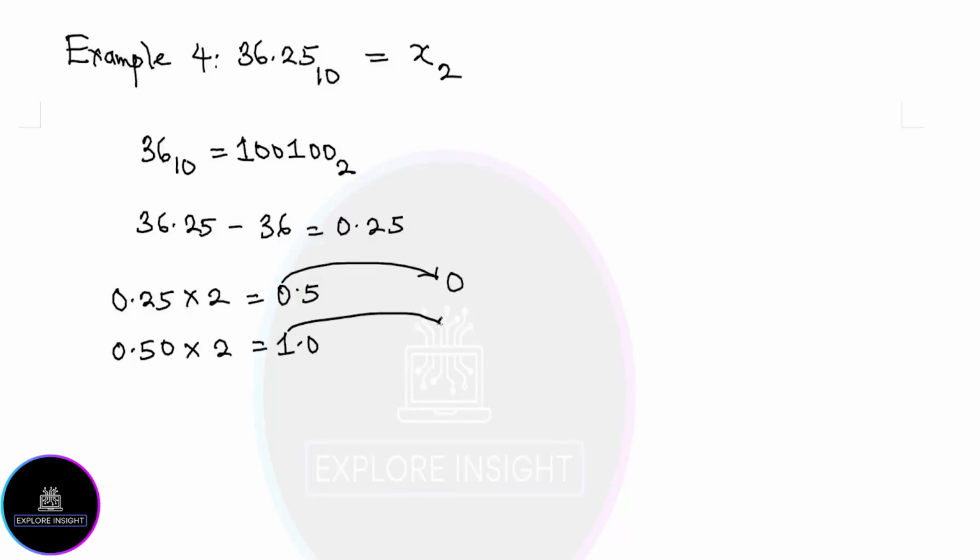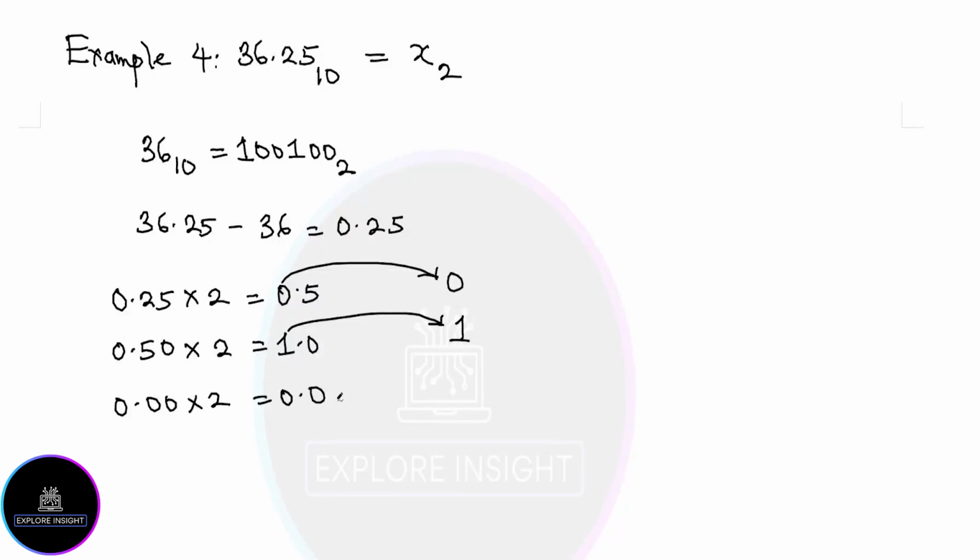So move the 1 over here. Now, 1.0 minus 1, we are going to have 0. So 0.0 times 2 will be 0.0. At this point where we have 0, even if you multiply by 2, you keep having 0. So that's indefinite, so we are going to stop at this point.